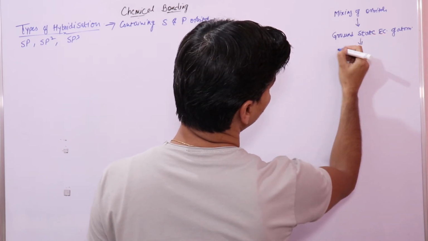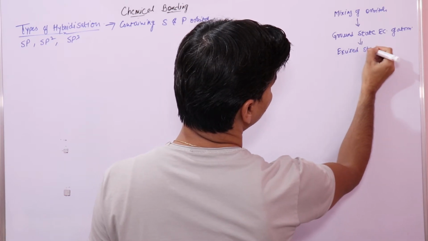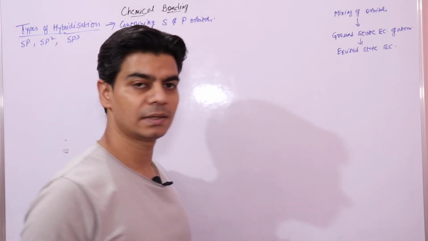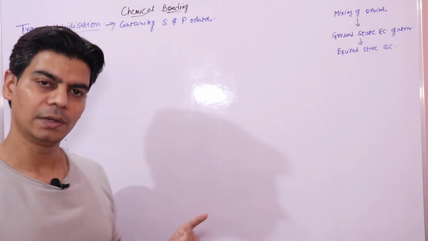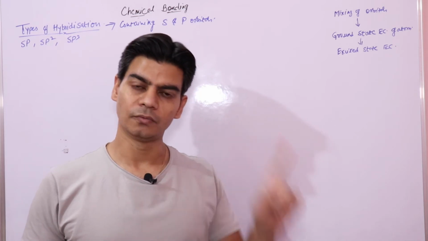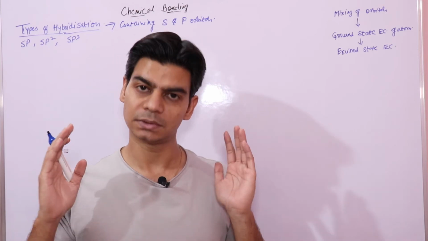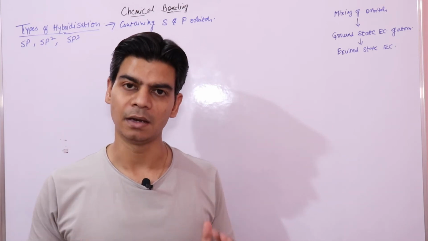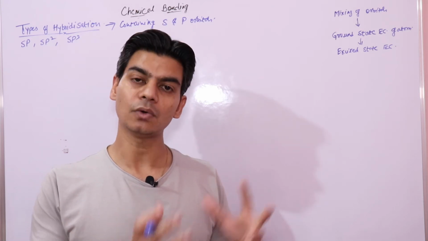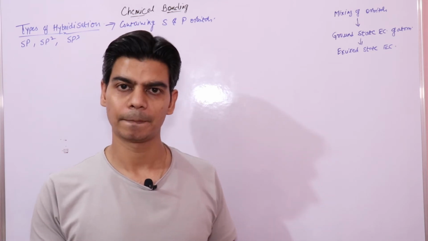Then you will write the excited state electronic configuration. Excited state electronic configuration is that in which the electron is transferred from the filled orbital to the empty orbital of the same shell. Remember, of the same shell, because hybridization of orbitals will take place between orbitals of nearly same energy.